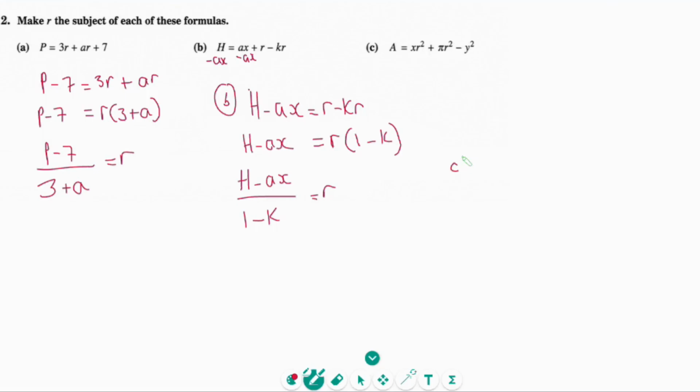And then part C. Let us add y squared to both sides first. Factorise. This time we're going to have to take out r squared.